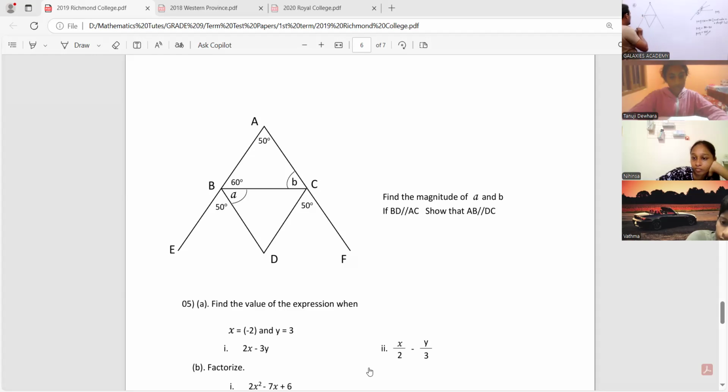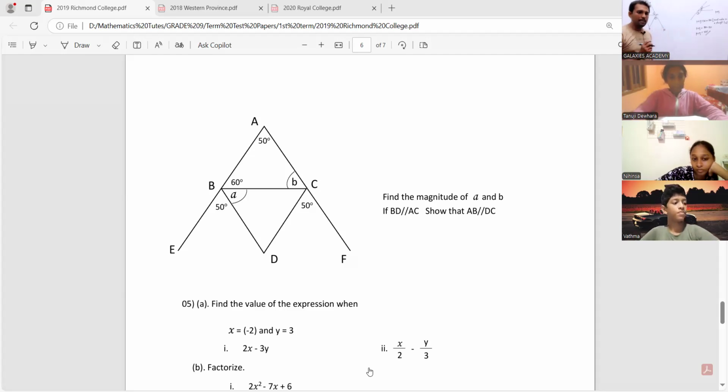A, B, E, C, D, F, and the angles given: this one 50, this one 60, this one B, and this angle A, this one 50, and this angle 50. Find the magnitude of A and B.